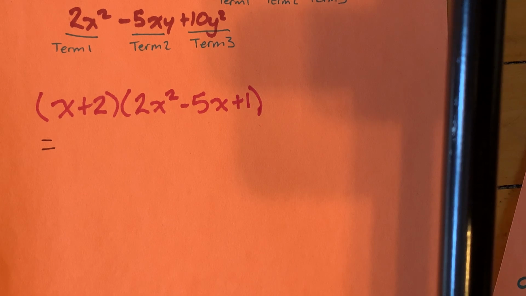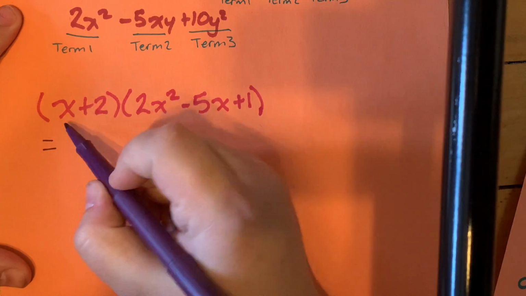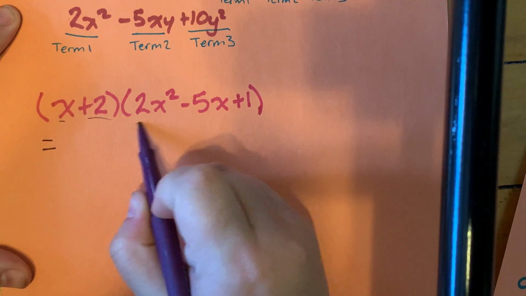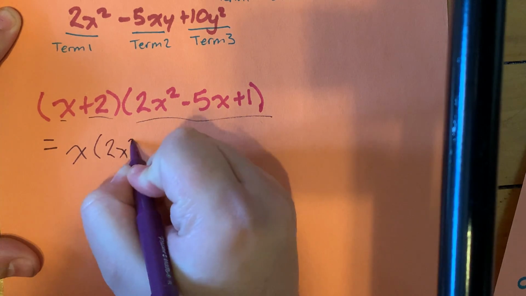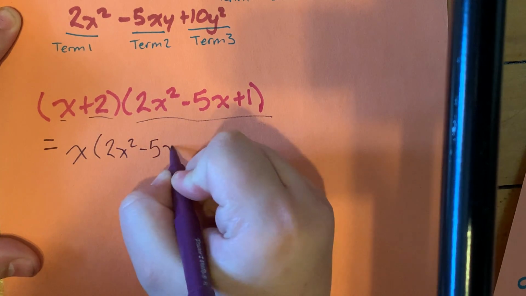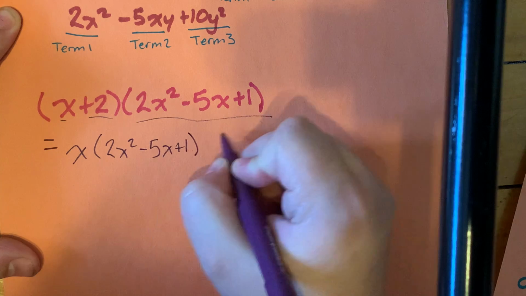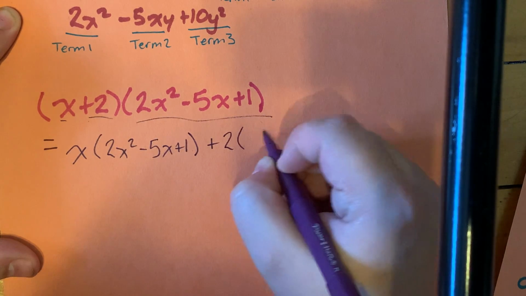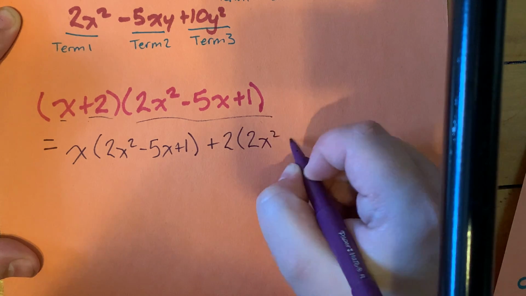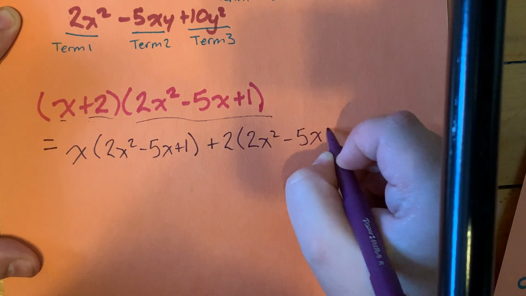Just like we did before, we are going to multiply each of these by this. So we have x times 2x squared take away 5x plus 1 plus, since this is positive, 2 times 2x squared take away 5x plus 1.